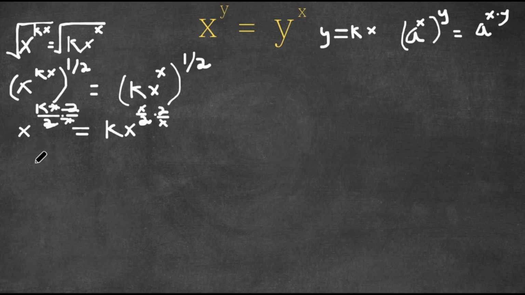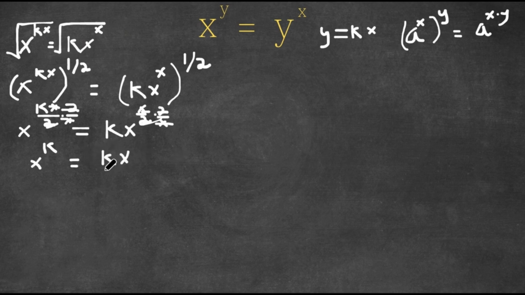So on our left-hand side, we would be left with x to the power of k. And on our right-hand side, our 2's cancel out, and so do our x's. So we would just have kx to the power of 1, which is simply kx. So now we have x to the power of k equals kx.